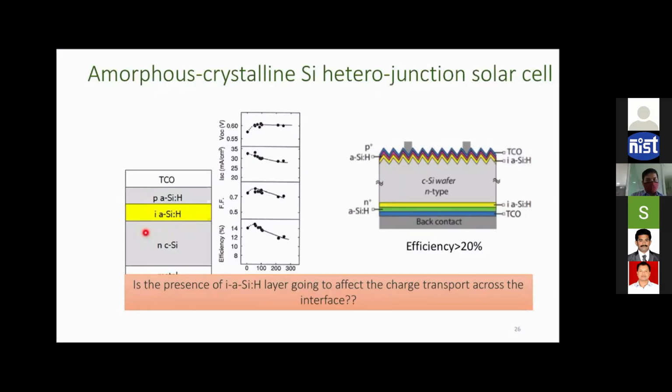It should affect, right? Because instead of doped P amorphous silicon, you are having intrinsic amorphous silicon in between, and the conductivity of this intrinsic amorphous silicon could be several orders of magnitude lower than doped amorphous silicon. So we should definitely lose something in terms of proper collection or transport of charge carriers across this junction. Is it right? Let us see.